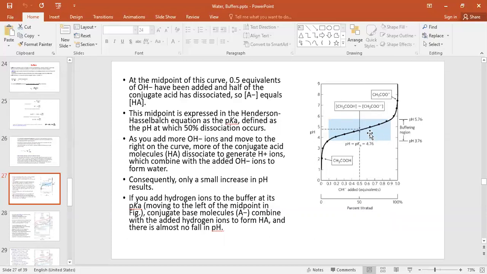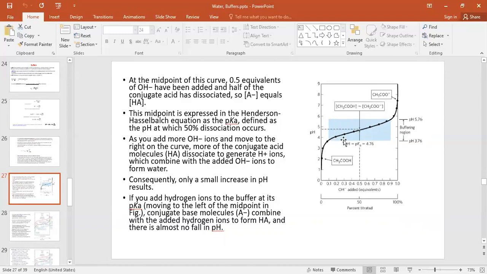Now, if you add hydrogen ions to the buffer and move to the left of the midpoint, conjugate base molecules combine with added hydrogen ions to form the acetic form of the weak acid. And there is almost no fall in pH.